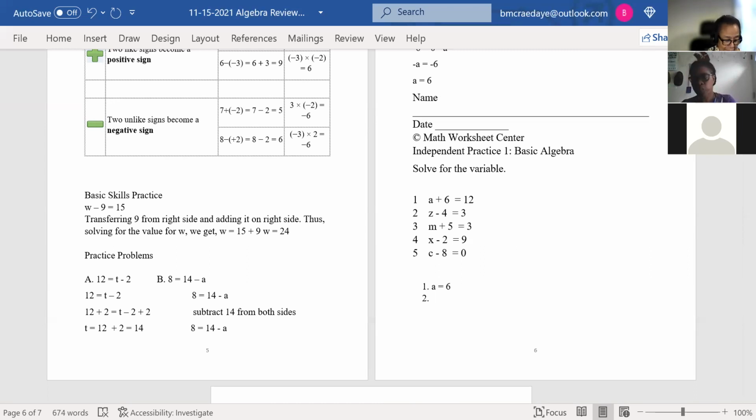Number 2, what is Z equal to? You got one? That's a minus, right? This is Z minus 4 equals 3. How do you get 1?